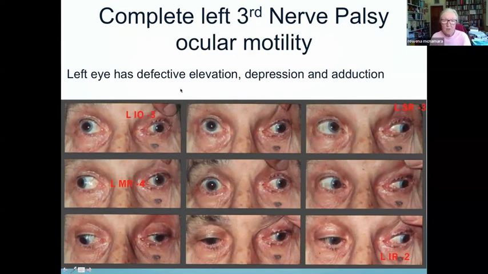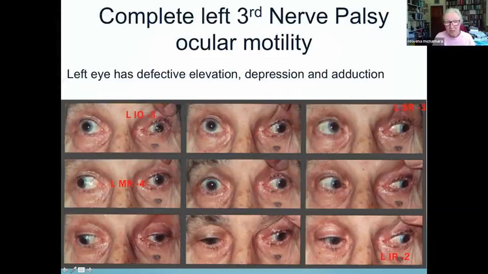The last muscle, which is part of the third nerve group, is the inferior oblique. The inferior oblique elevates the eye, and it elevates it maximally when the eye is adducted. So we look for the action of the inferior oblique when the eye is looking inwards and upwards.